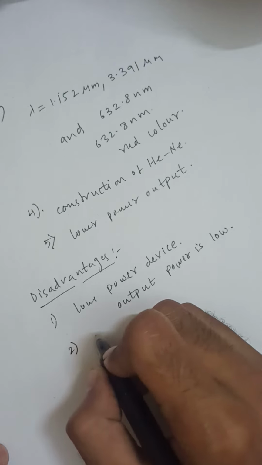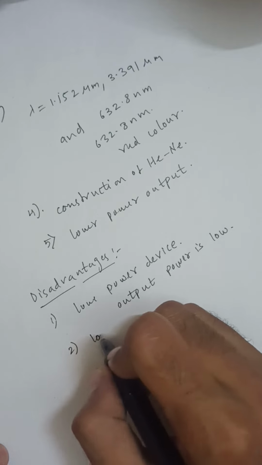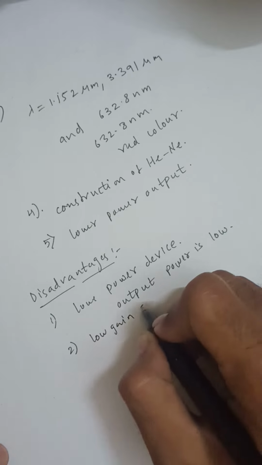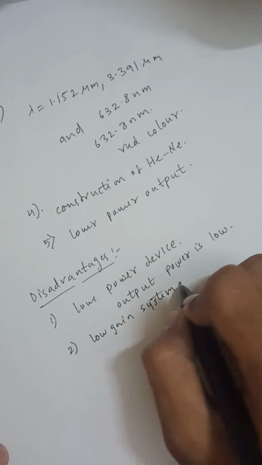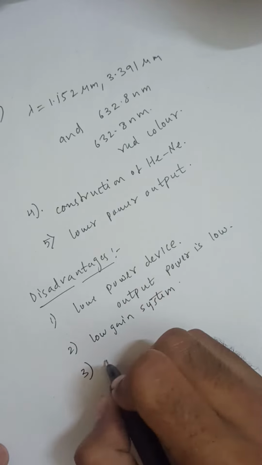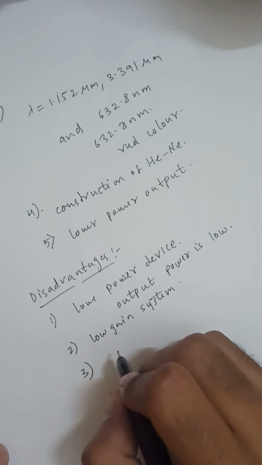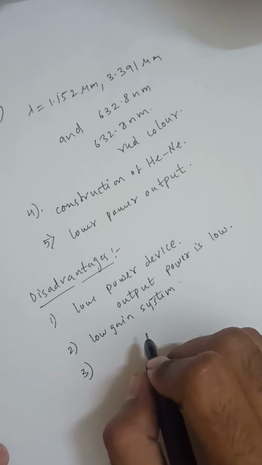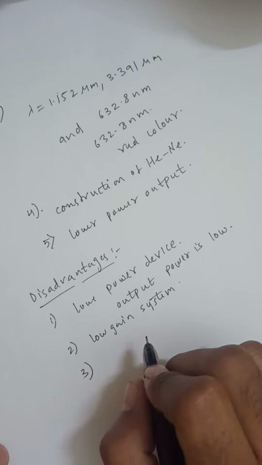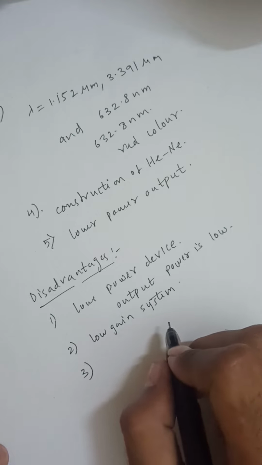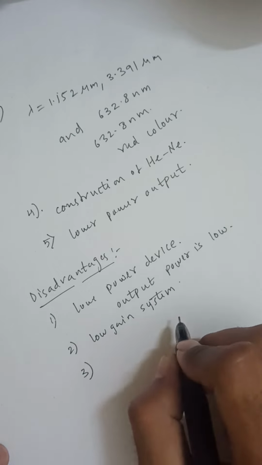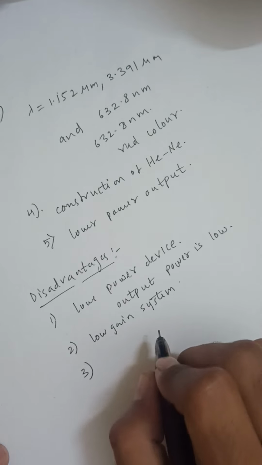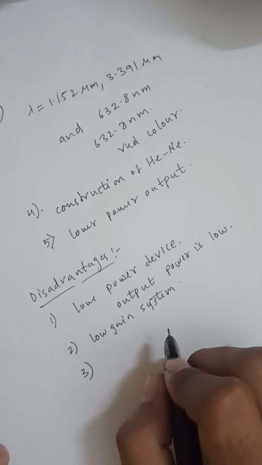Helium neon laser is a low gain device. To obtain a single wavelength laser, the other two wavelengths need to be suppressed, which is done by many techniques and devices, so it requires extra technical skill and increases the cost also. High voltage requirement can also be considered a disadvantage.